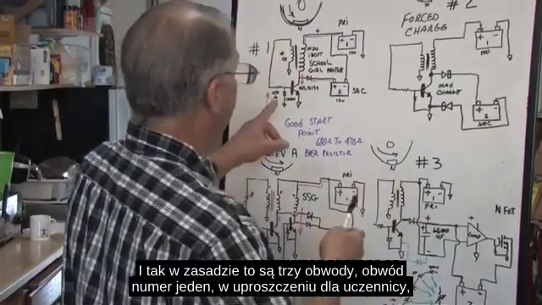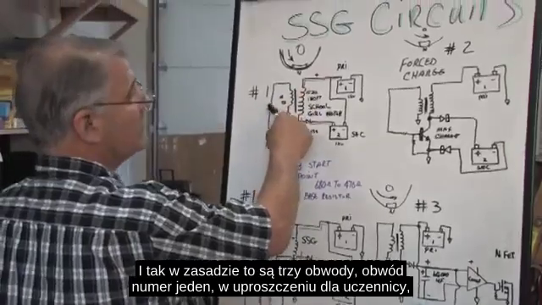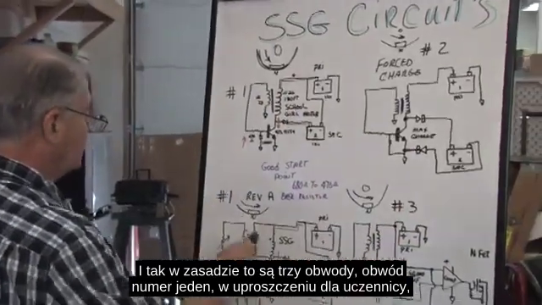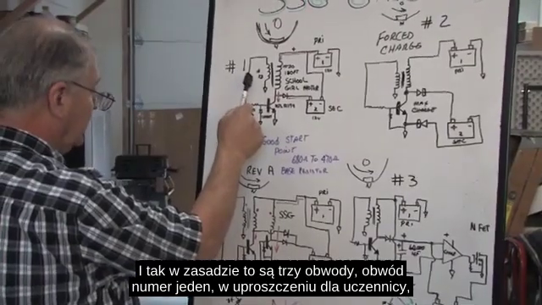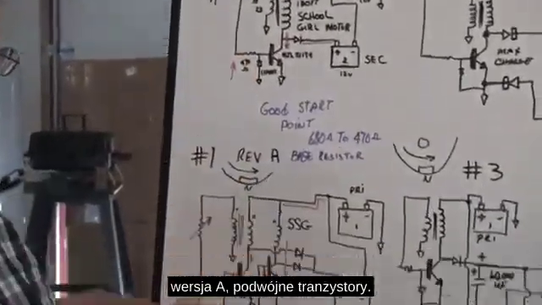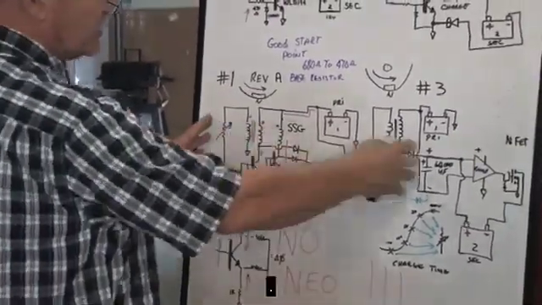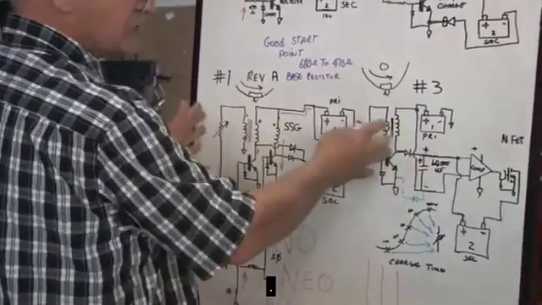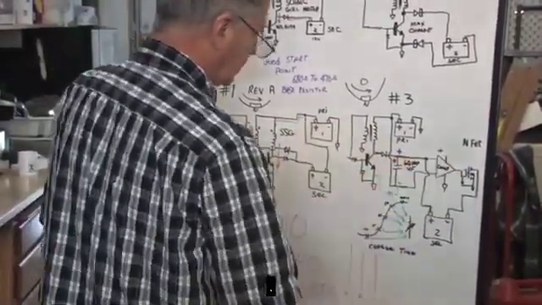And so basically, these are your 3 circuits. Circuit number 1, Schoolgirl Simplified, Revision A, dual transistors, all the way up to 30, if that's what you need to do, and then the comparator circuit.